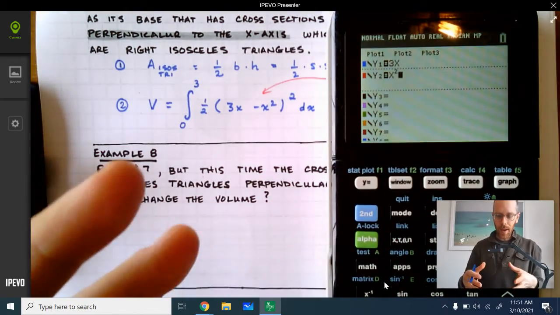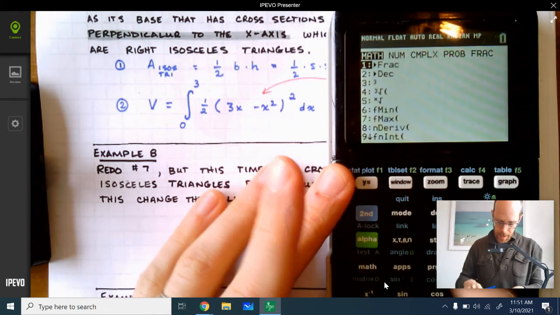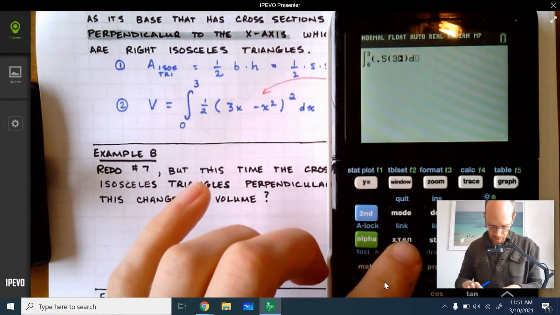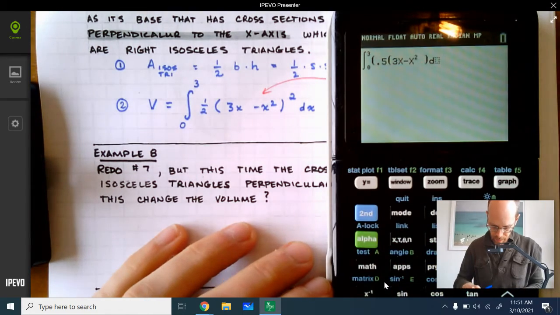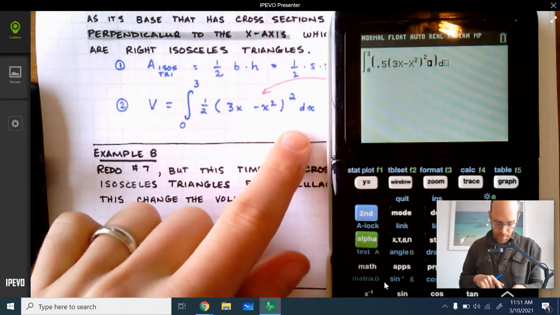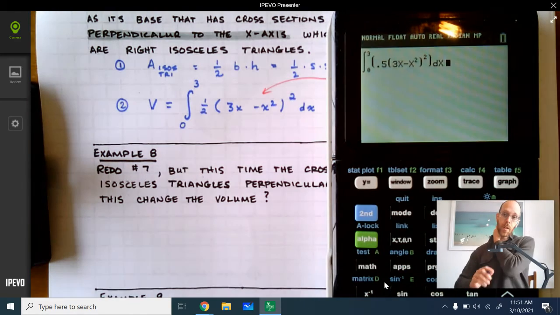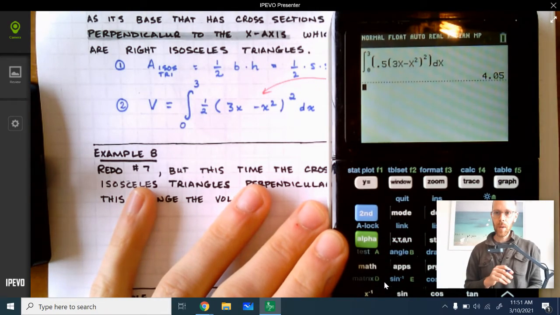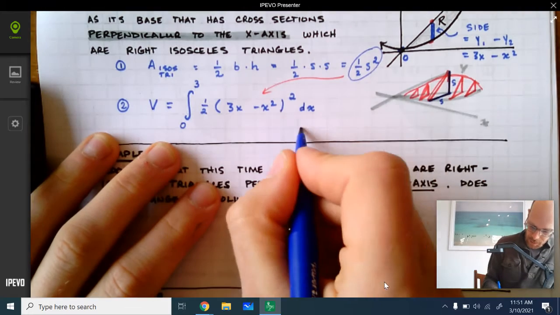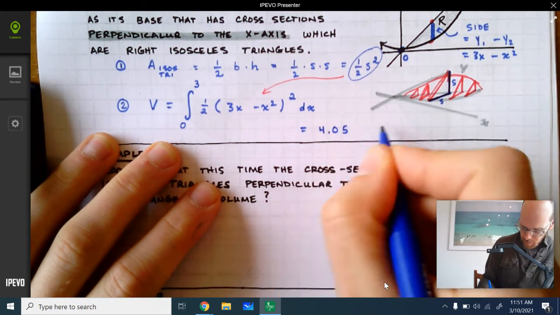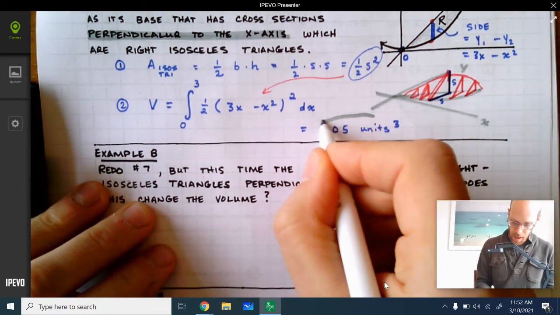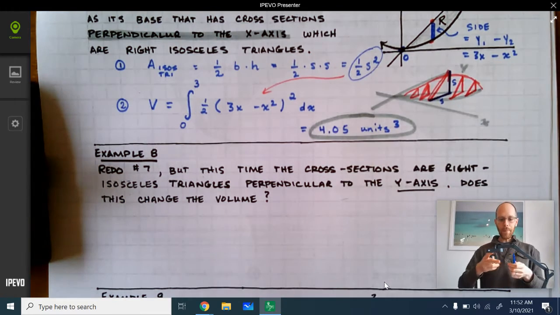So instead, let's just grab our calculator and we're going to select fnInt and input 0, 3, .5 times 3x minus x squared dx. You'll notice once again, no pi in our equation. 4.05 units cubed is our answer.